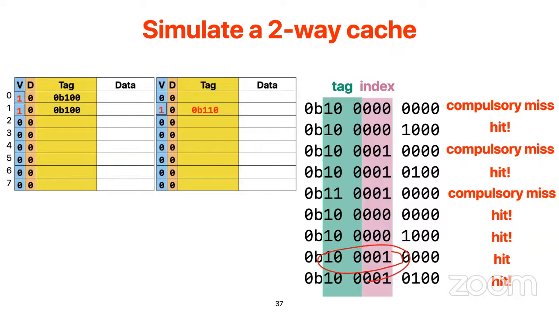So that was a conflict miss. On the other hand, if you can increase your way associativity to eliminate that miss, it is not a capacity miss. So how to distinguish a capacity miss from a conflict miss: try to increase the number of ways as much as possible, and if it's still a miss, then it's a capacity miss.